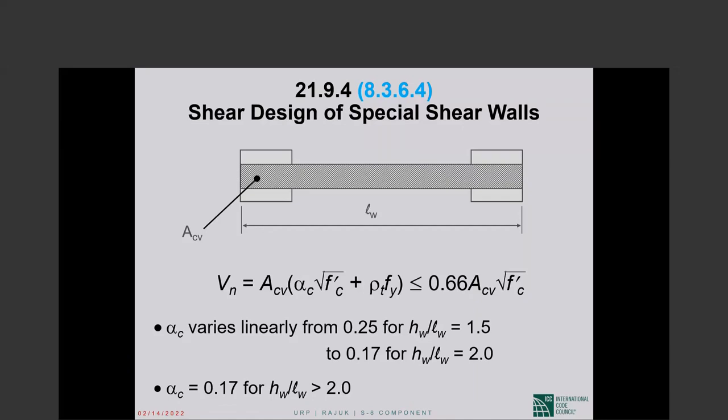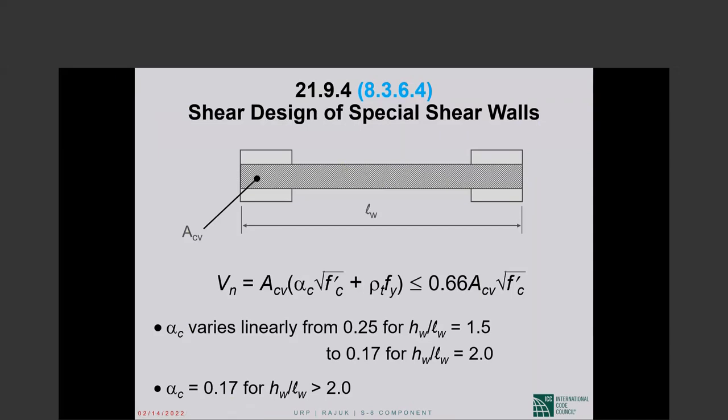But the point is that when shear is very high, imagine the white portion of the slide as a shear wall with a point load applied at the top.